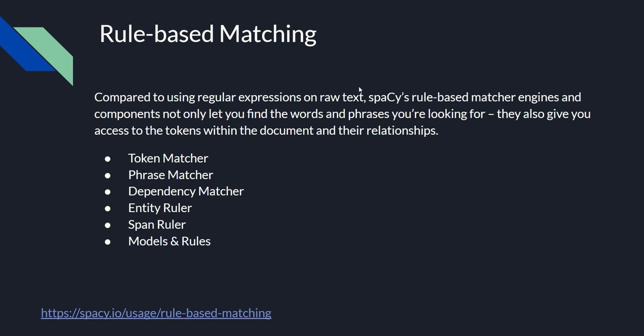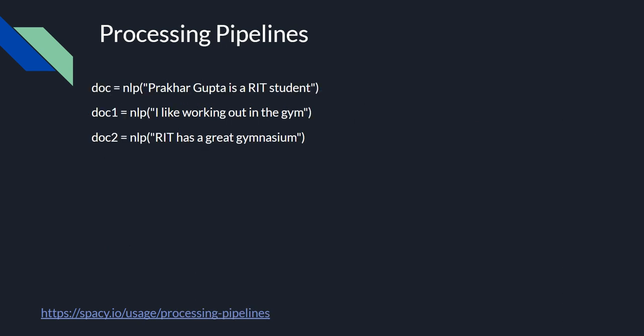I would urge everyone to go through this link and learn more about it. There are various matchers in it: a token matcher, phrase matcher, dependency matcher, entity ruler, span ruler, and various models and rules which you can use to train your own models and define your own rules.